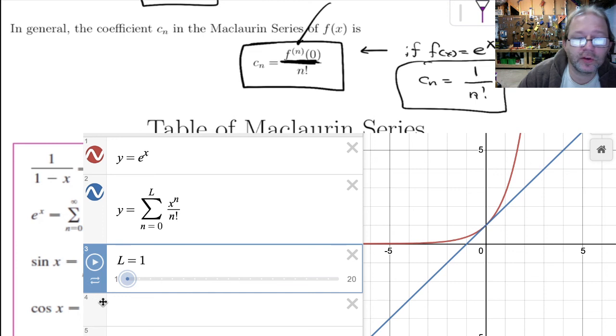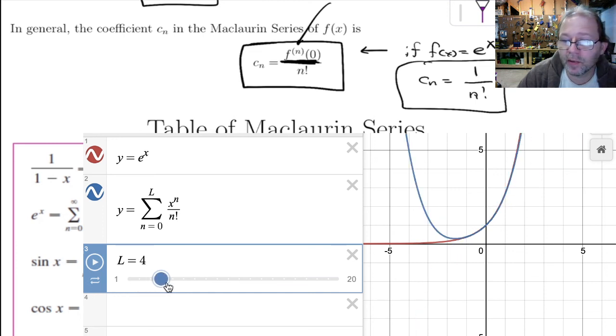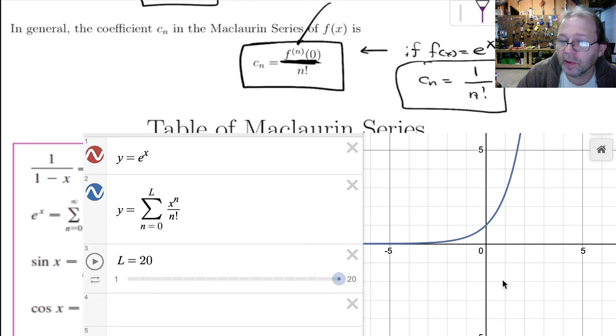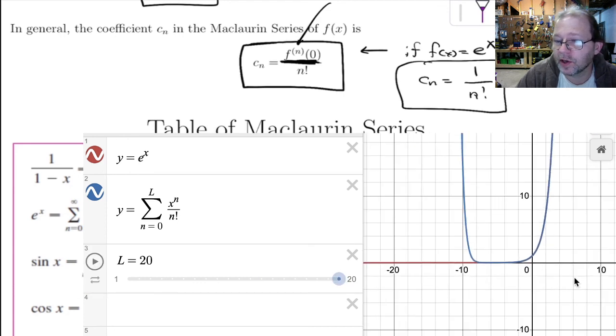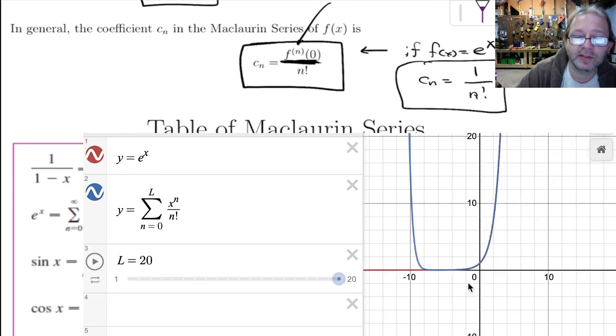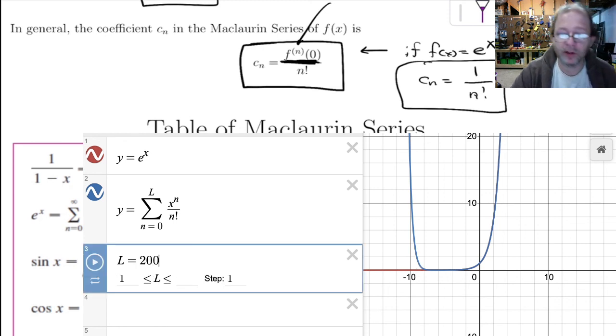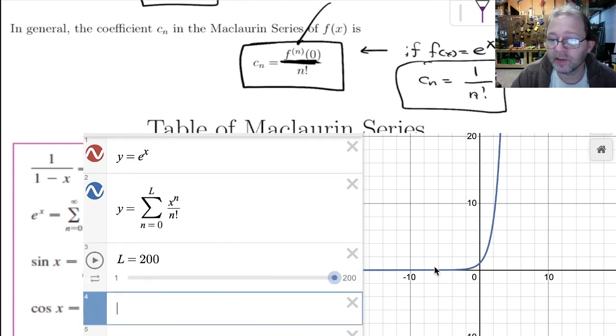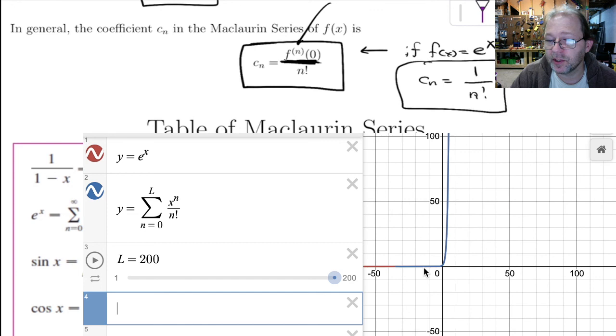So as L grows larger, this will become a better and better approximation. By the time we've got it up to 20 there, that's a 20-degree polynomial that's approximating e to the x. And it looks really good over here. It starts to break down. But if I just change this to something bigger, and this is probably going to make my computer choke, notice the approximation gets good further back.